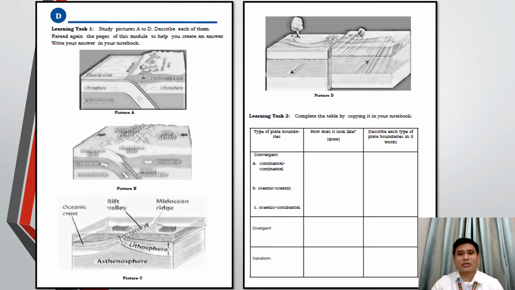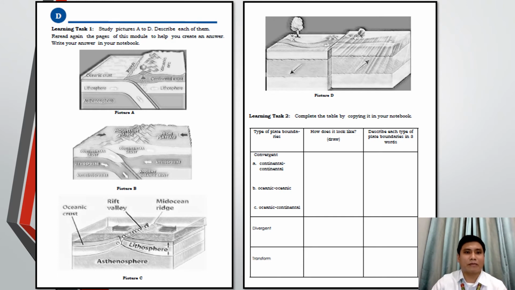The four pictures illustrate the different types of plate boundaries. So in describing them, you just identify what type of plate boundaries are present. And of course, aside from identifying the plate boundaries, you also describe the movement of the plates on the four pictures.